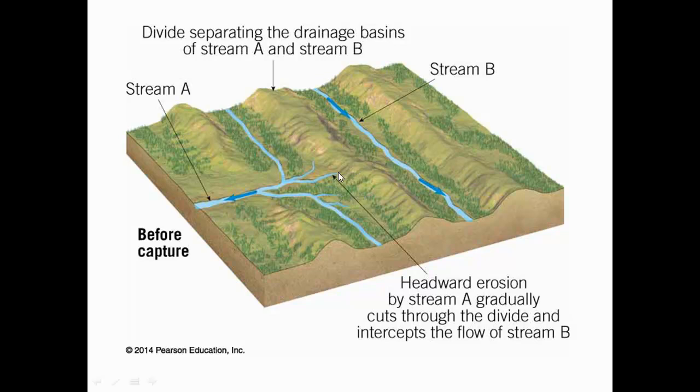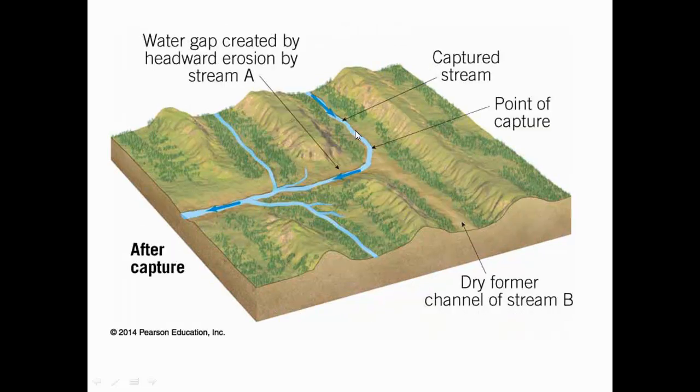And what's going to eventually happen is that tributary is going to erode far enough back to eventually capture the water in stream B, and as a result, stream B is diverted into stream A as a result of this headward erosion, creating what's called a water gap. Further down in stream B, we're left with a dry former channel that's largely been abandoned.